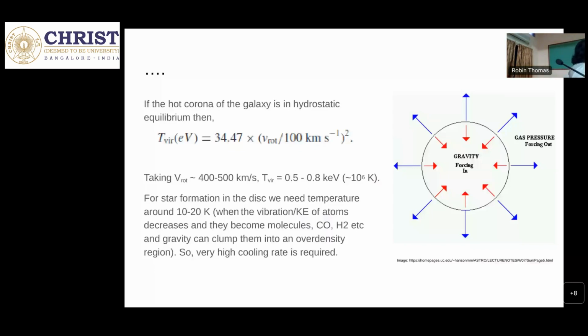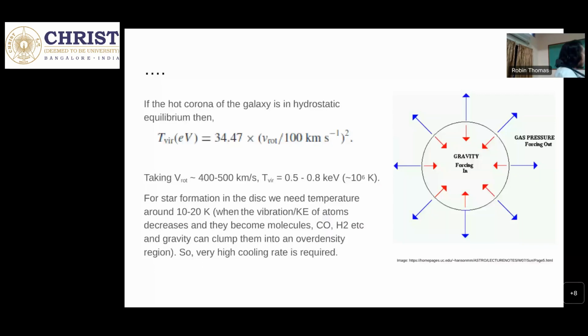So if you multiply these two, taking the higher limit, 0.21 multiplied by 6.3, you get a mass of the order of 10^9. But our stellar mass is of the order of 10^11. So in no way is it possible that all the gas from the halo came down to the disk, condensed, and made such a big, massive galaxy. So there are some other processes involved. It's not conforming with the normal analytical model of galaxy formation.